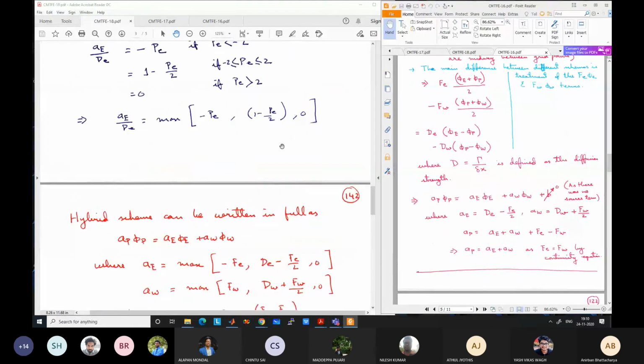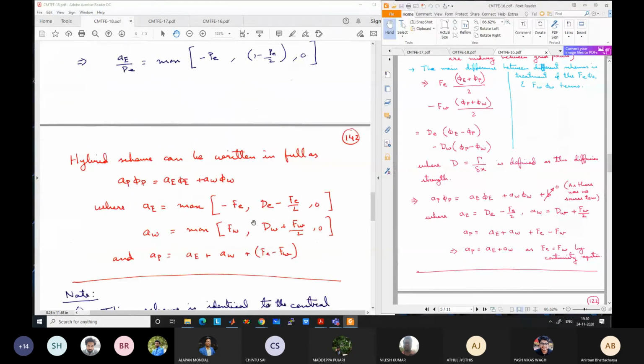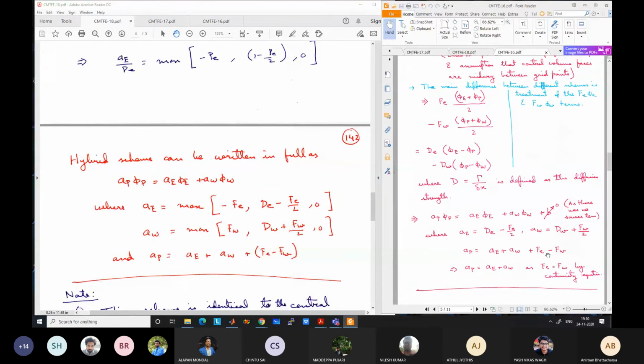So between -2 and +2, what is the value? Between -2 and +2, AE is D minus Fe by 2. And in the central difference scheme also, we had obtained AE is equal to D minus Fe by 2. And AW will be D plus FW by 2, and that is what we had obtained. So it is exactly same as the central difference scheme between -2 and +2.